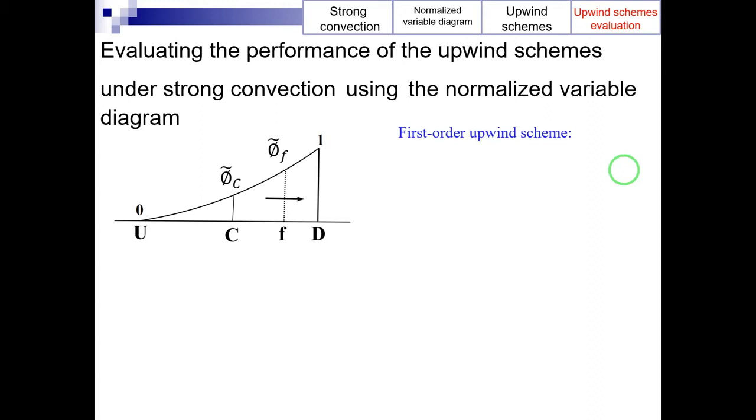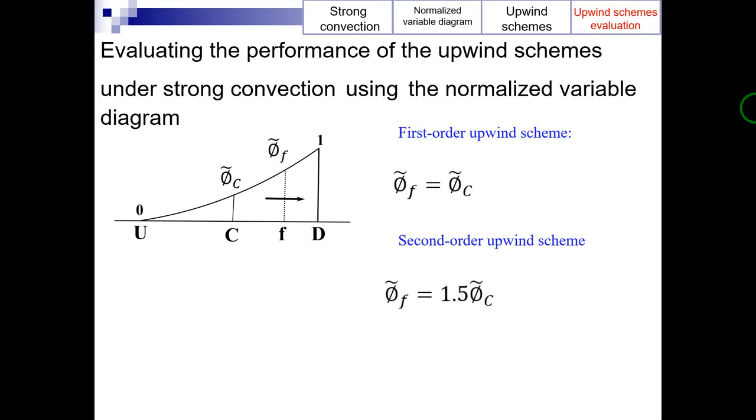For first order upwind scheme, the normalized phase value is equal to the normalized adjacent upstream node value, as shown in this equation here. For second order upwind scheme, we again have a linear relation between the normalized phase value and the normalized adjacent upstream node value, but with a different slope, as shown in this equation here.